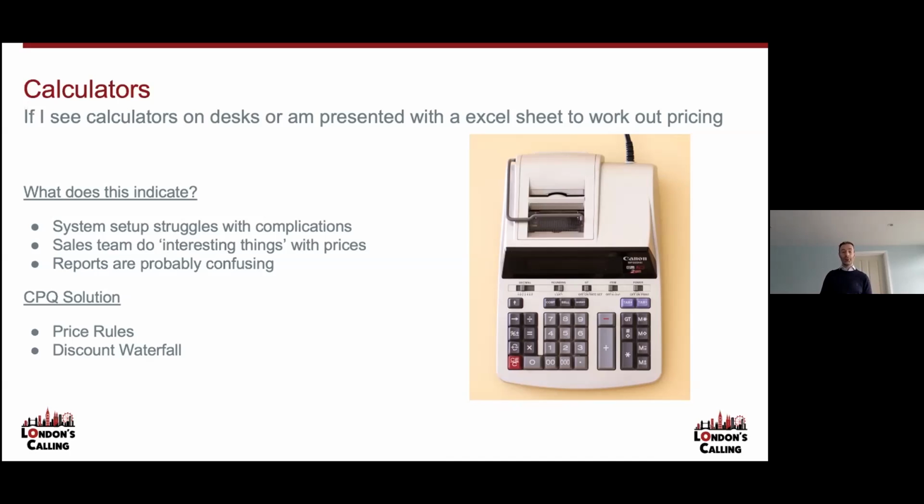As an example of that, a couple of weeks ago, I was in a meeting with a few people in a company who were looking at CPQ, and the CFO was complaining about how on earth you could have two opportunities with the same products, sold on the same day, and somehow, even though they were given the same discount, they had a different price at the end.